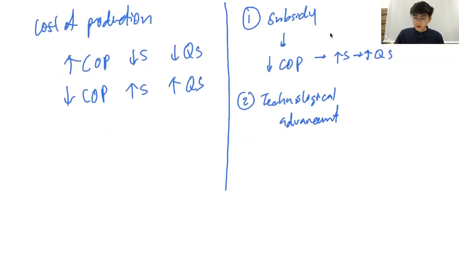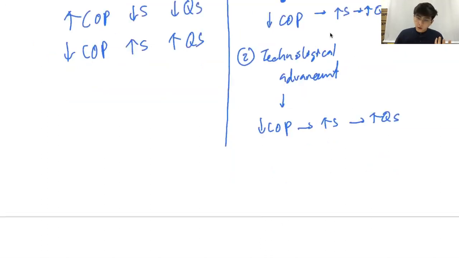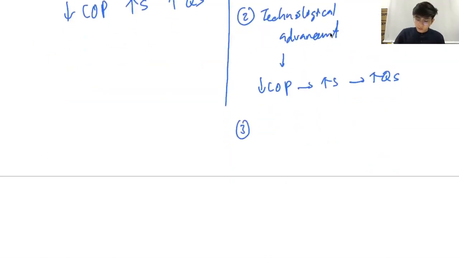So technology now becomes better. You can produce more goods and services right now. So which means that you also lower your cost of production, higher supply, higher quantity supplied.